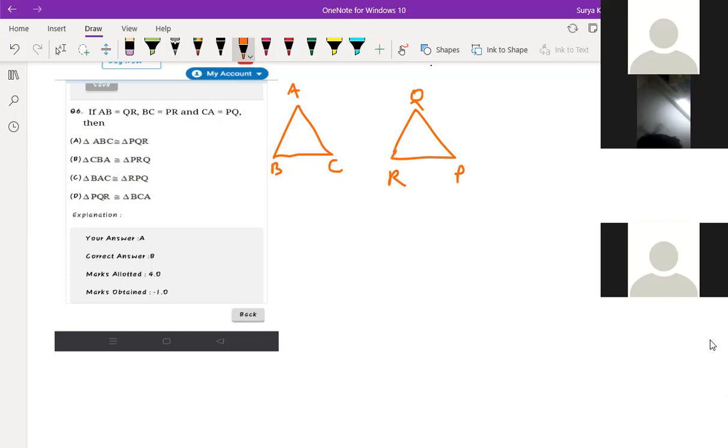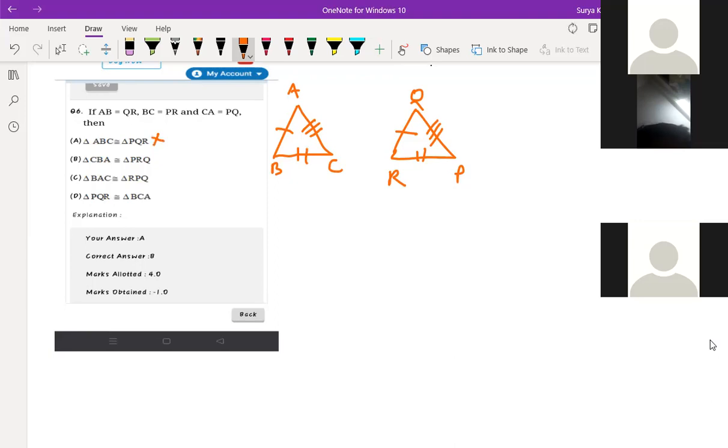Yes, sir. The figure is clear to you. So they have given AB is equal to QR, BC is equal to PR, and AC is equal to QP. This is the given question. Then which is similar? ABC is similar to PQR, this is wrong.